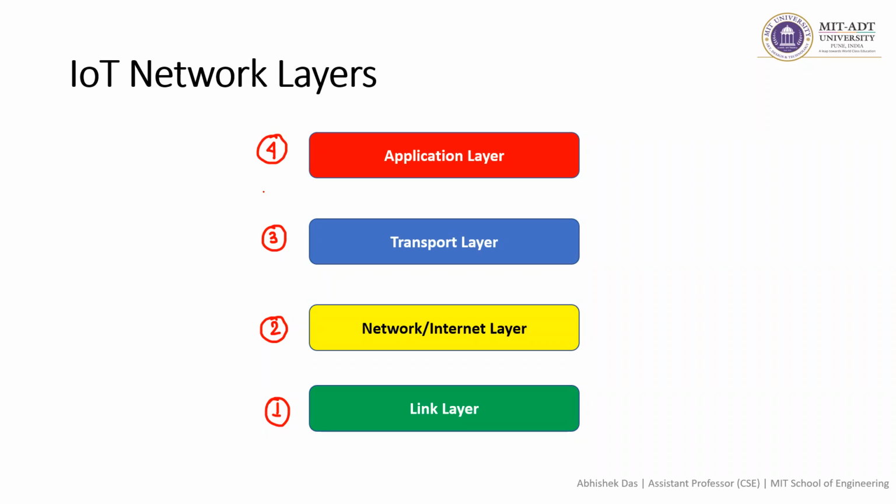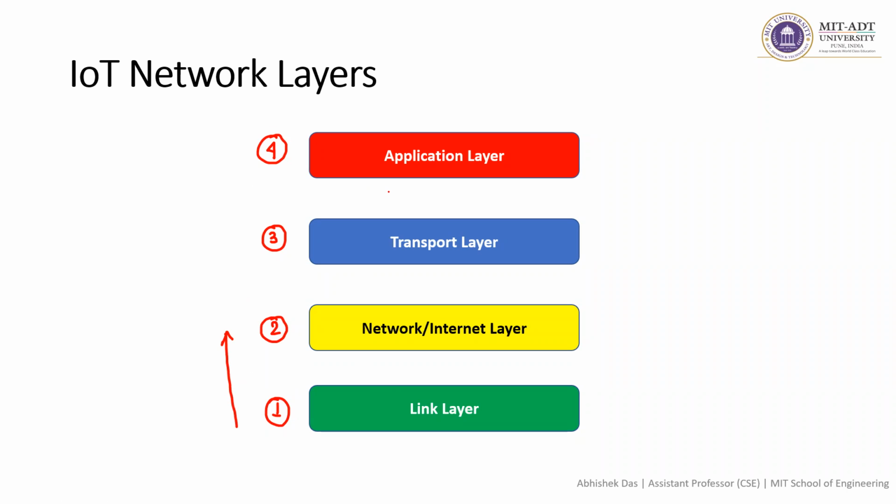We will consider all of these layers with a bottom-up approach. First is the link layer, then the network layer, then the transport layer, and the application layer.